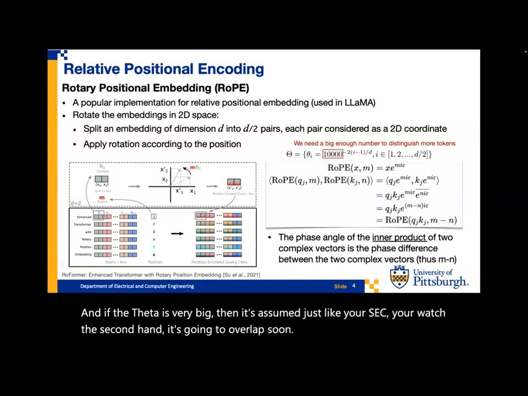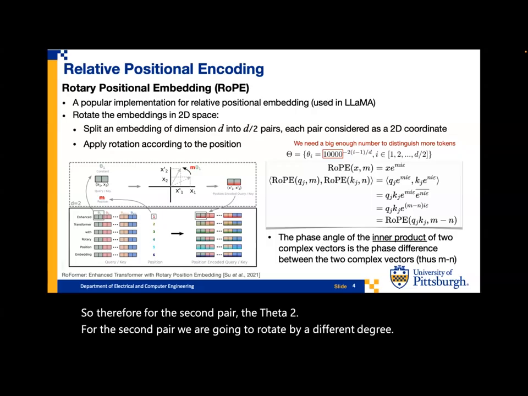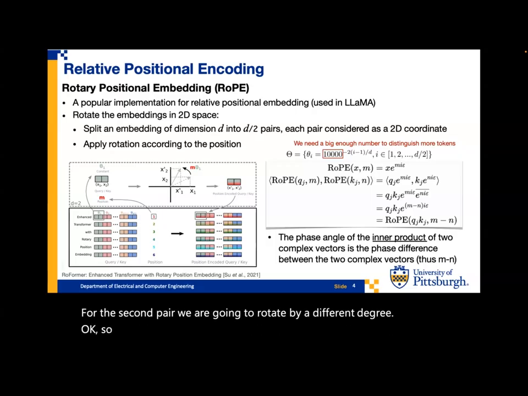Does that make sense? So for the second pair, with theta 2, we are going to rotate by a different degree. So theta 2, 2 theta 2, 3 theta 2, 4, and 6 theta 2.